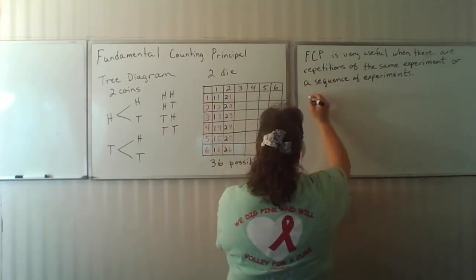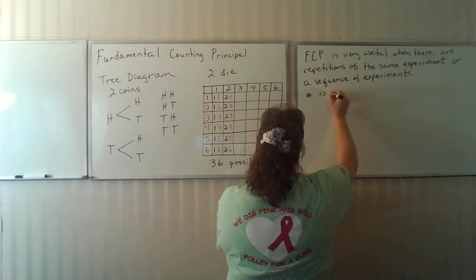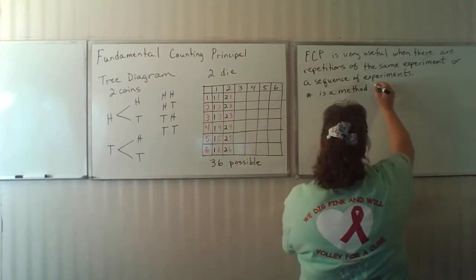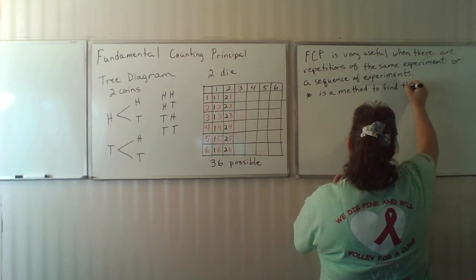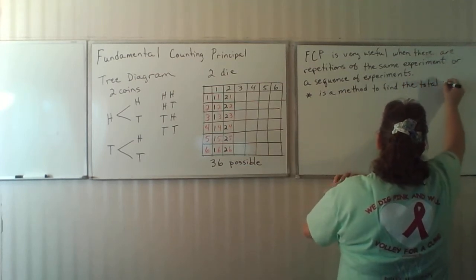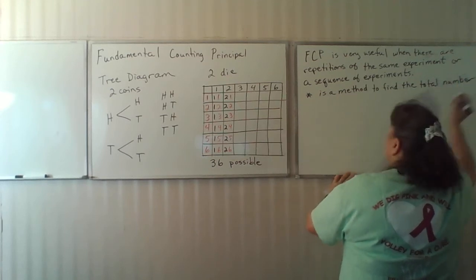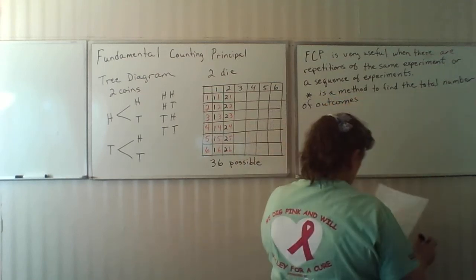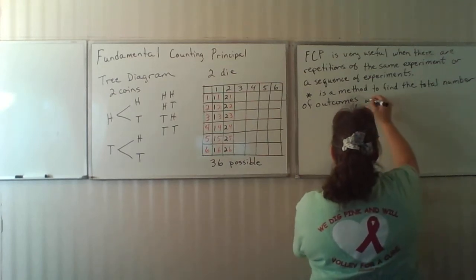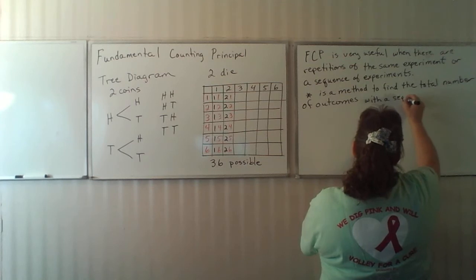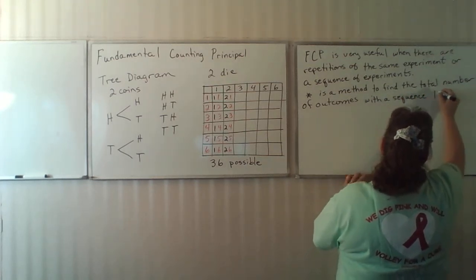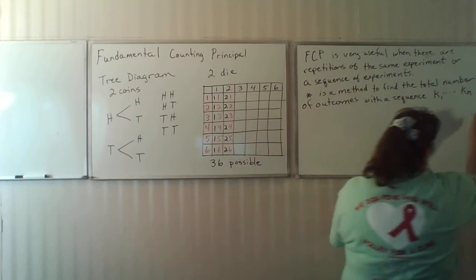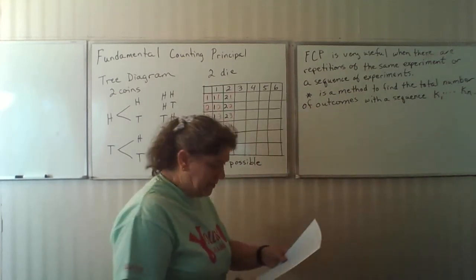It is a method to find the total number of outcomes with a sequence of experiments, a sequence of K1 experiments, in other words, your first experiment until the very last time you do that experiment. And that's what that K1 to Kn means.